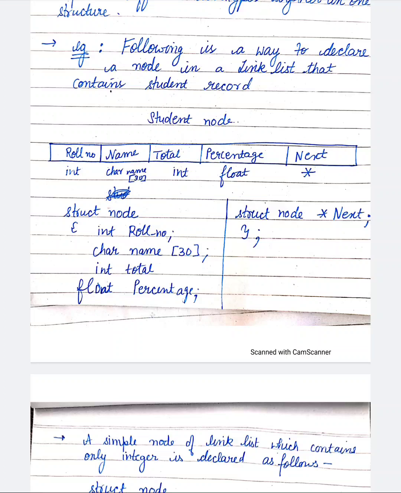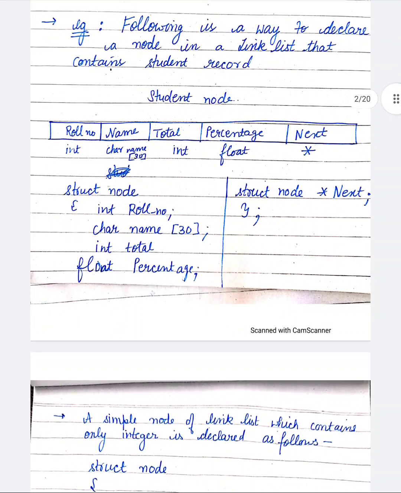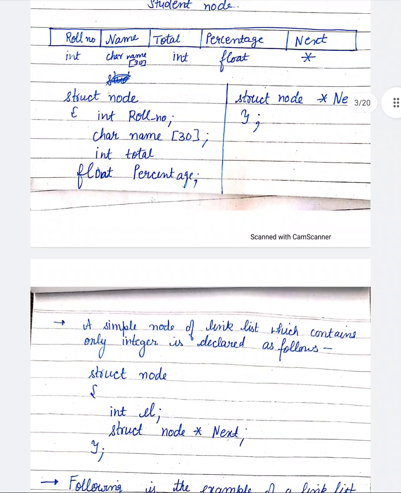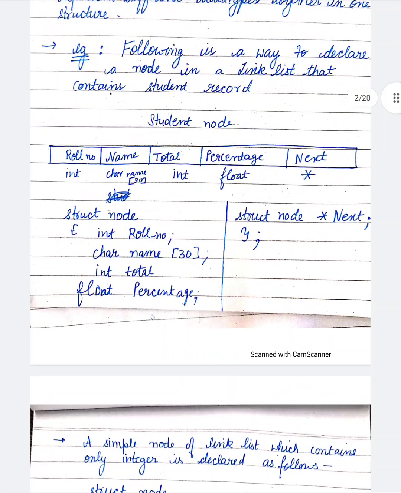So how do we declare a node? In this node, we can create roll number of type integer as a structure, which also includes name of type character, total of type int, percentage of type float, and a pointer of the same structure node.